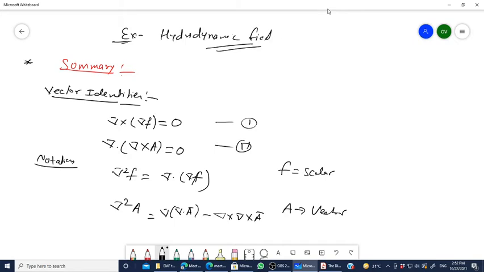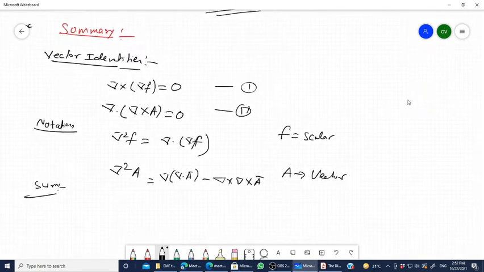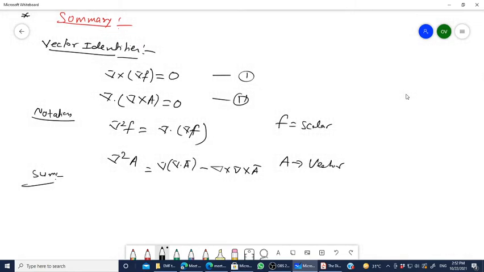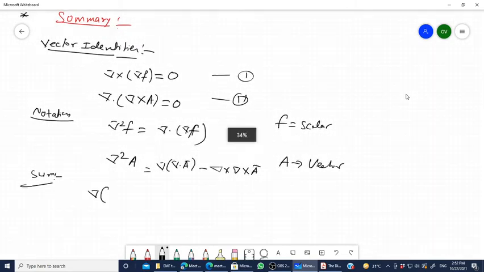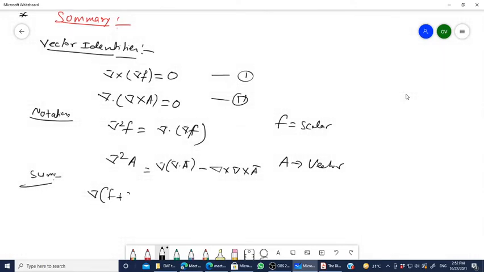And if we talk about the sum, you have to remember this equation. If it is f plus g, then we can write it like this. So for a plus b vector, we can write like this.